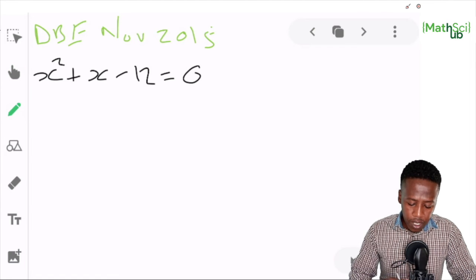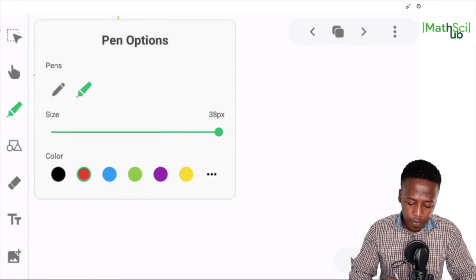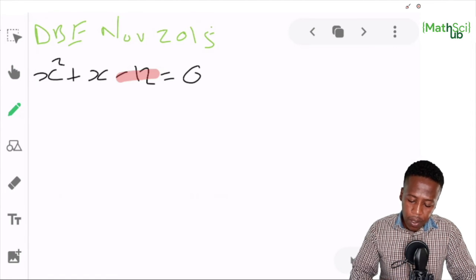Yes, you can factorize. Do I have factors of 12? And what are they? They are 6 and 2, 4 and 3, and again it's 12 and 1, right?